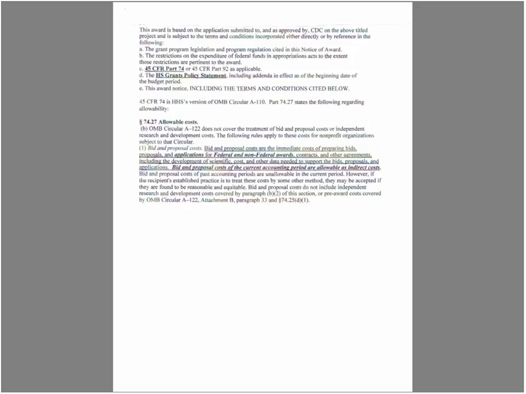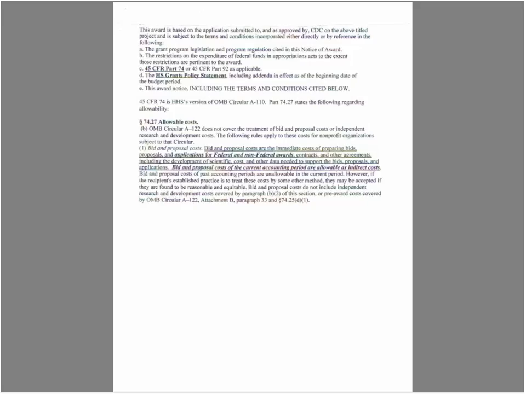But it does define bid and proposal as costs that are immediate costs of preparing bids and proposals, applications for federal and non-federal, not only contracts, but other agreements, including development of scientific costs and other data needed to support bids, proposals, and applications. So when you respond to a grant, it's an application. And so other agreements, well, that could be a cooperative agreement, it could be a grant, it could be anything.